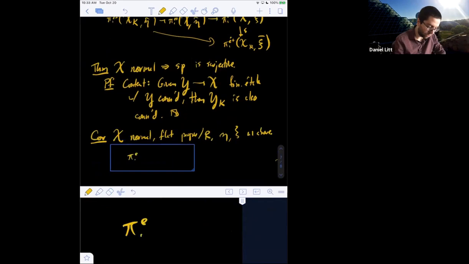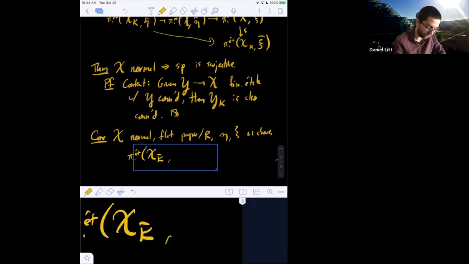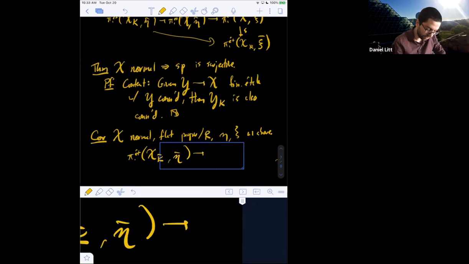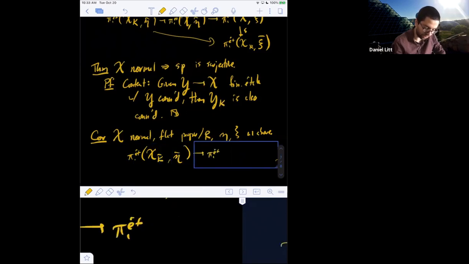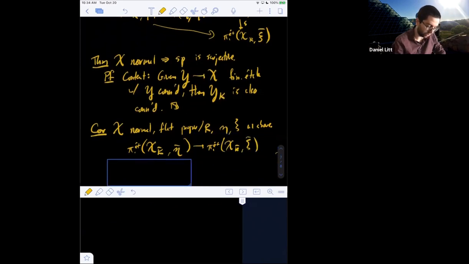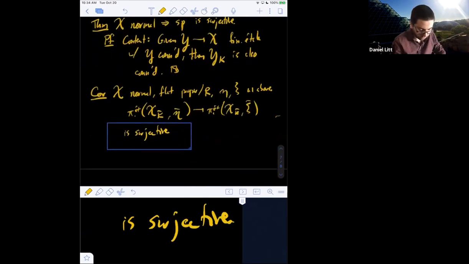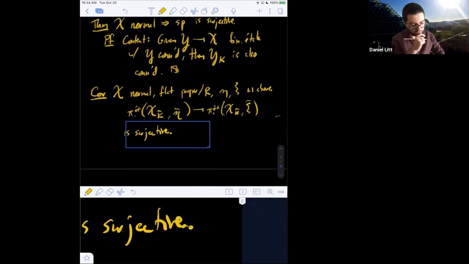Then we can pass to the geometric fibers. So we can look at the pi1 étale of the geometric generic fiber. And the same construction will mean that this maps to the pi1 étale of the geometric special fiber. And this is also surjective. Yeah, maybe before I give you an example, Arvind, I need to say one more theorem.